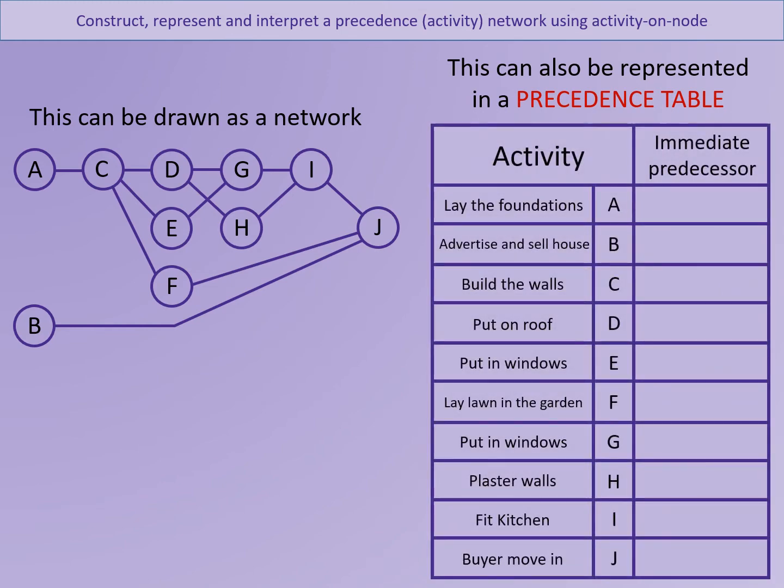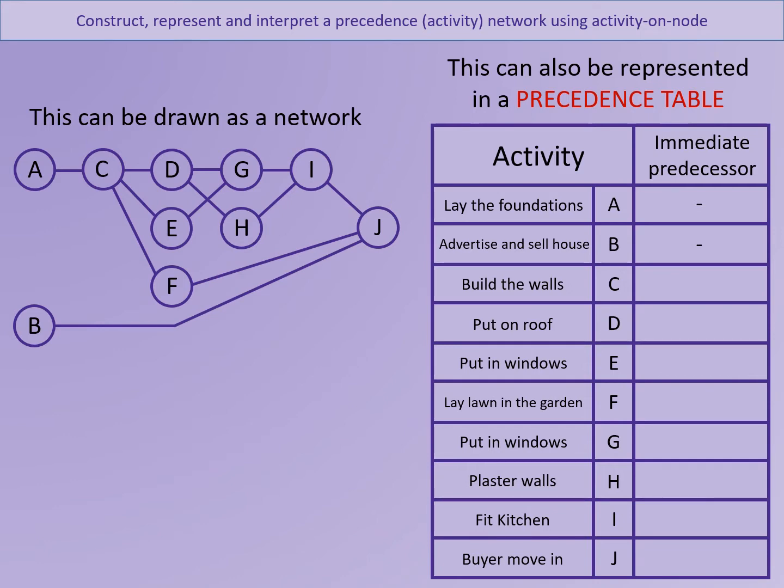So if we were to label the activities here, we only put the immediate predecessor on, so we don't need to put every activity that has to have taken place before that one, just the one directly before it. So activities A and B don't have any immediate predecessors because they can happen as soon as the project starts. Activity C has one immediate predecessor.